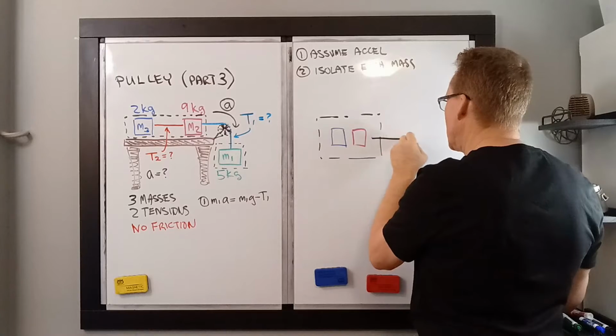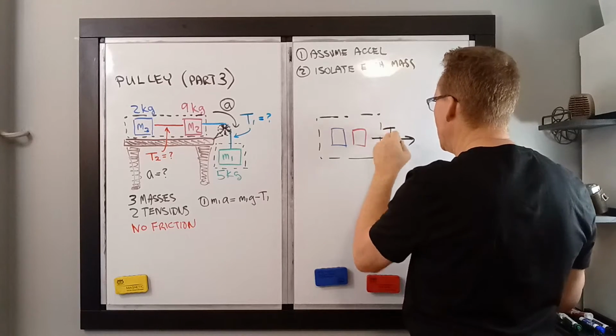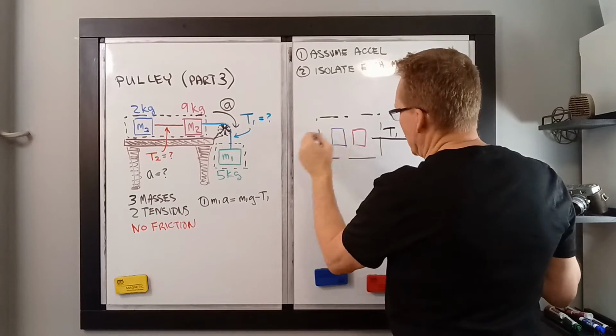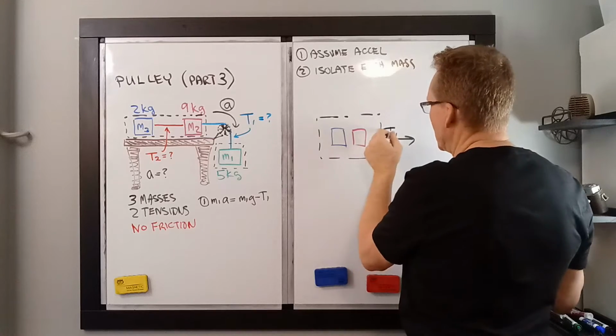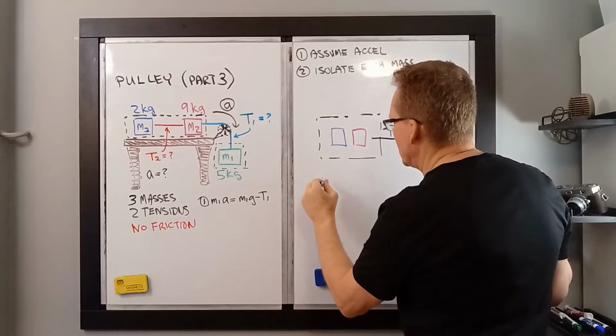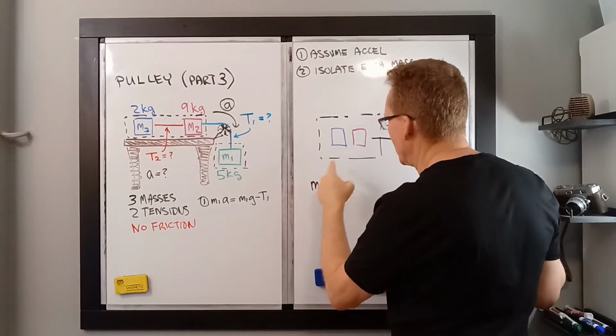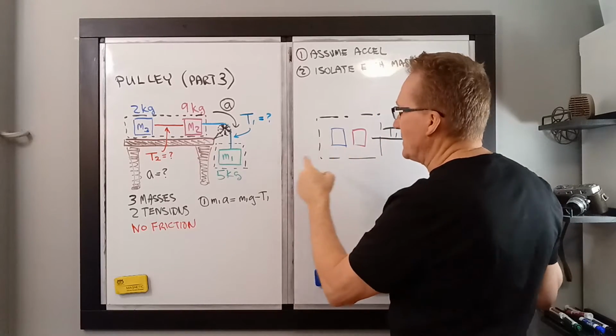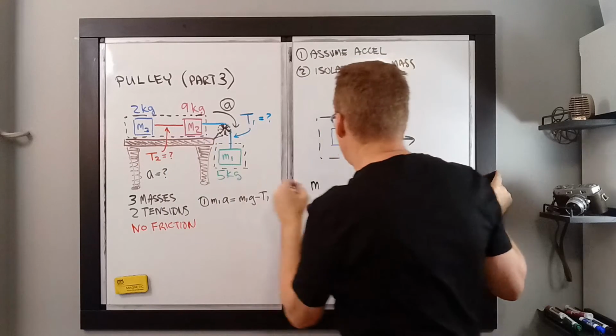So we're going to have this pulling here, which is T1. And what else are we going to have? There's no other forces to the left. So this is the only thing that you have. So we can actually figure out what the acceleration is. What's the mass of this system? It's actually m2 plus m3.